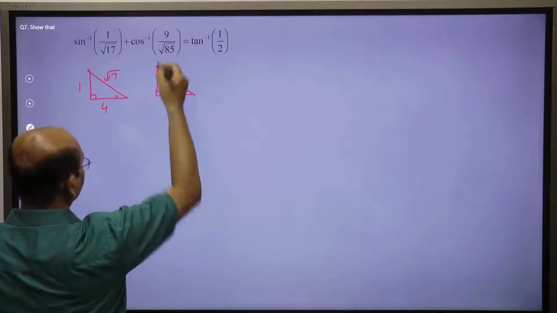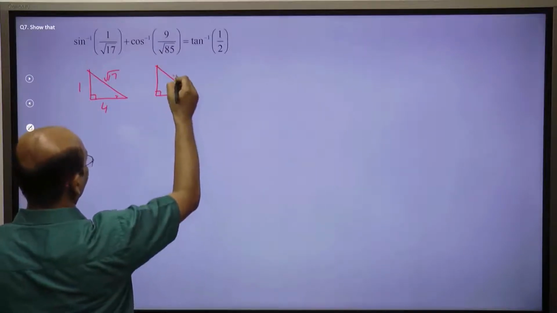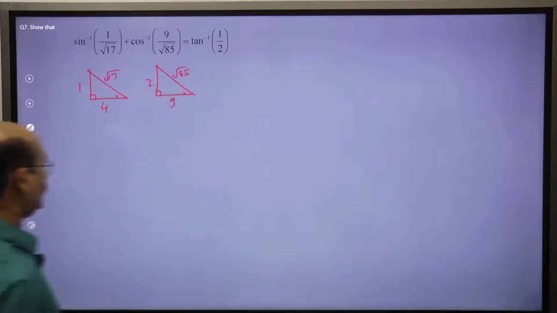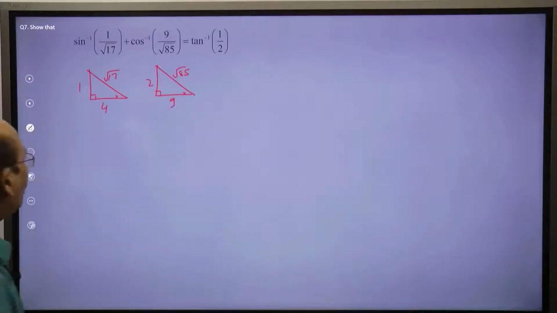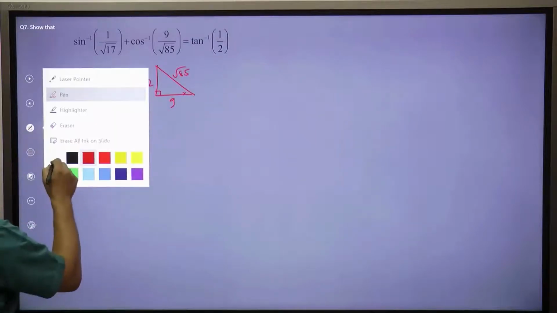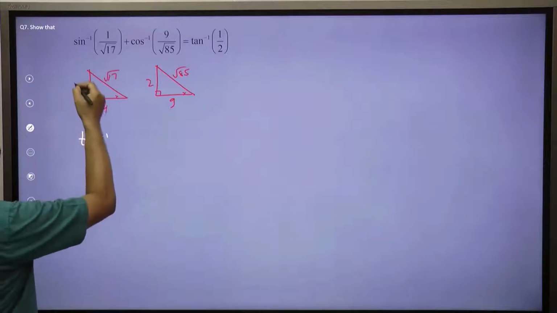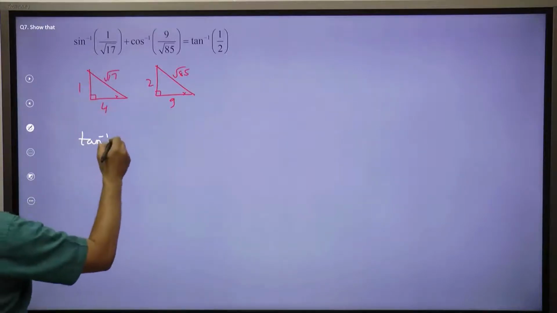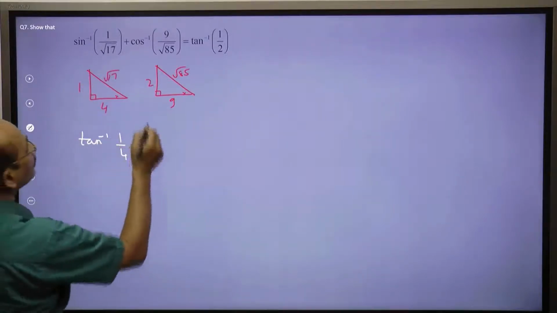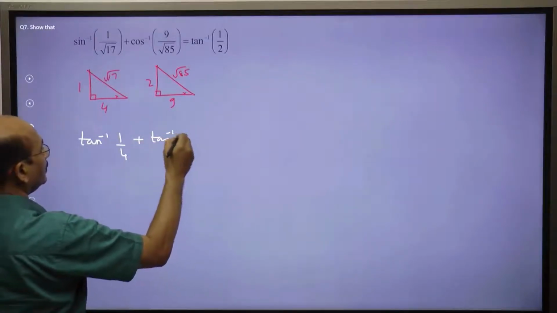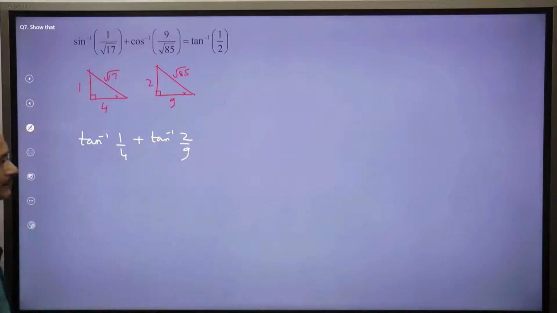And cos is adjacent 9, hypotenuse root 85. So I think this will become 2. Right. Okay, guys, I want to convert into tan. So this will become tan inverse opposite upon adjacent, 1 upon 4, plus tan inverse 2 upon 9, as simple as working with this.